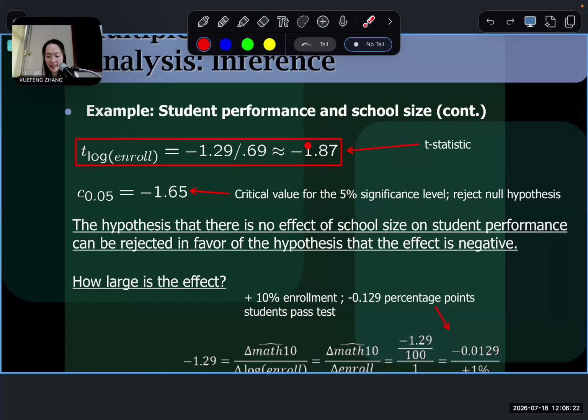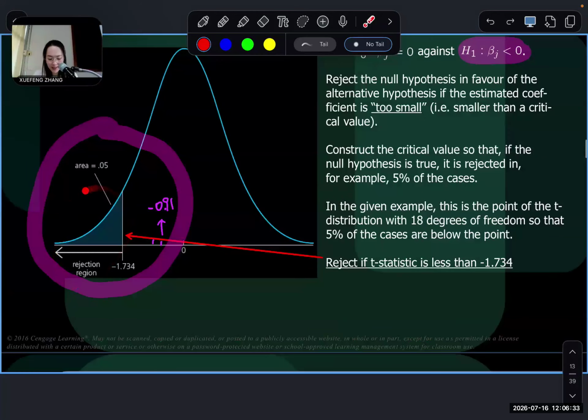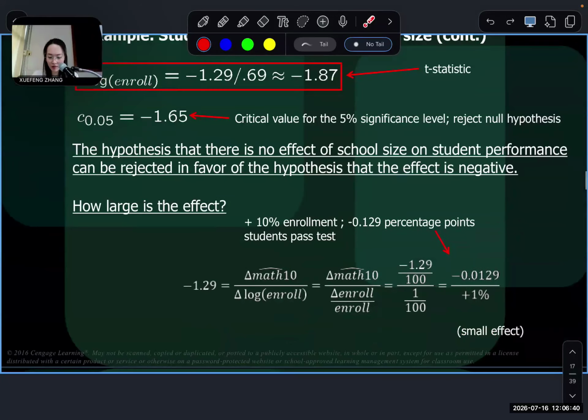Because negative 1.87 is less than negative 1.65. Okay, basically it's in the rejection region. Let me show you here. So basically it's in the rejection region, right? That's why we can reject H0.